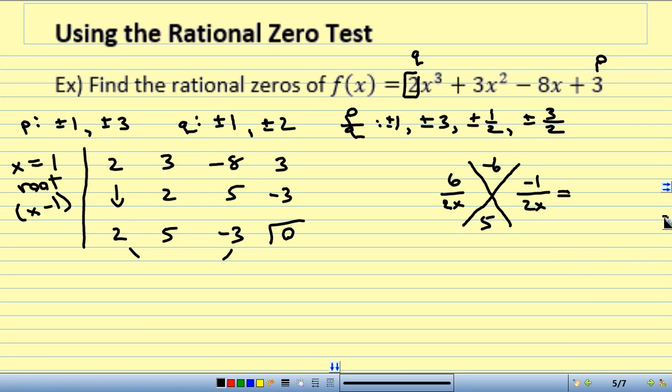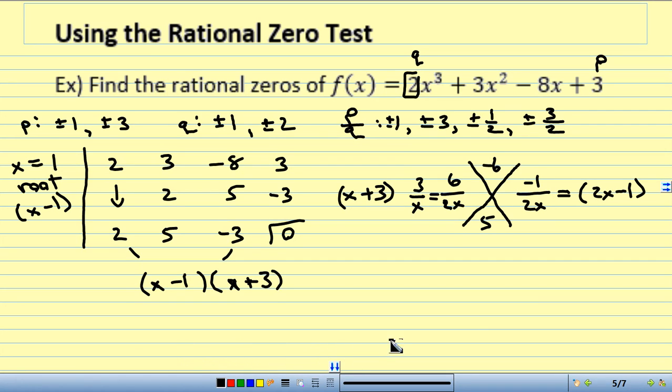I can't simplify that, so it stays like that. I can simplify this. This becomes 3 over x. Okay, so my term here becomes x plus 3, and my term here becomes 2x minus 1. So what I have is x minus 1 times x plus 3 times 2x minus 1.